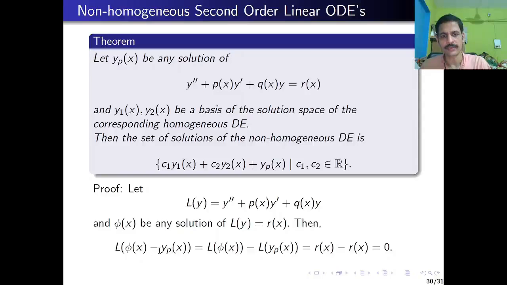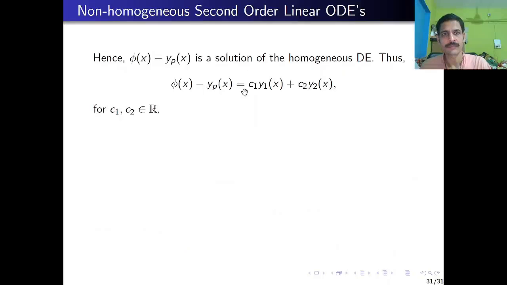So phi(x) - yp(x) is a solution of the homogeneous ODE. But we know any solution of the homogeneous ODE can be written as c1y1(x) + c2y2(x), for some c1, c2 belonging to R. If we rearrange, by transferring yp to the other side, we get phi(x) = c1y1(x) + c2y2(x) + yp(x).